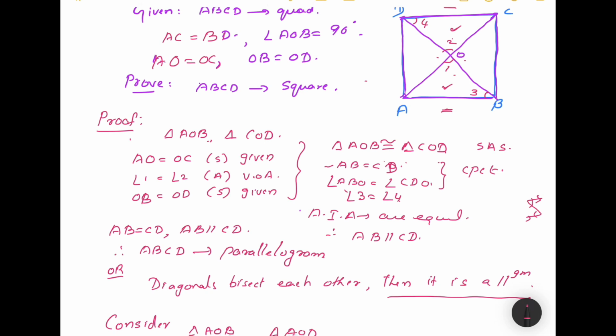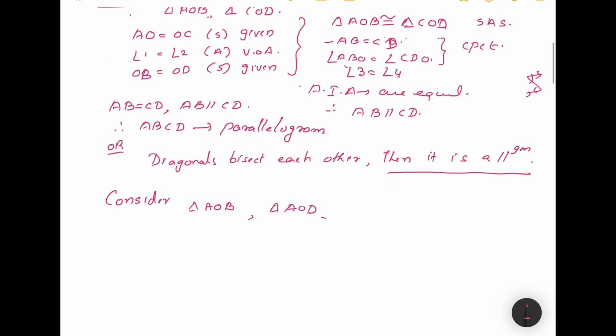Once you prove it is a parallelogram, then we will think how to proceed for the square. In a parallelogram, to prove it is a square, you have to prove all the sides are equal and also the angles at the vertices are 90 degrees. So again two more proofs are there.